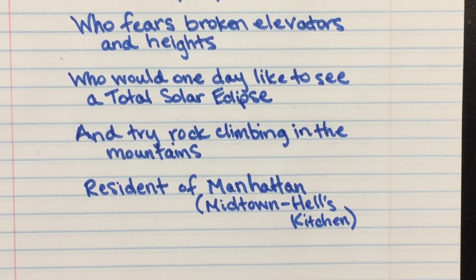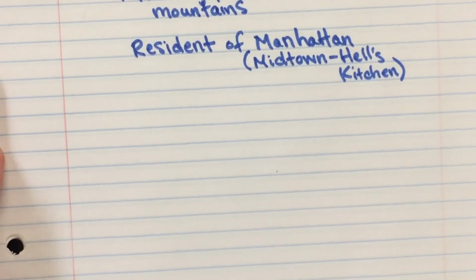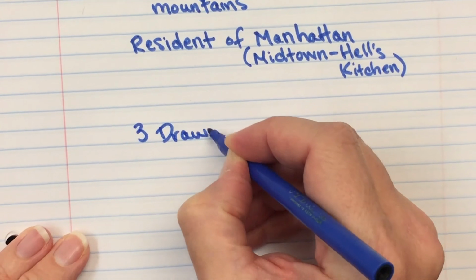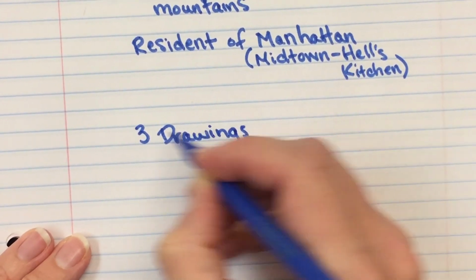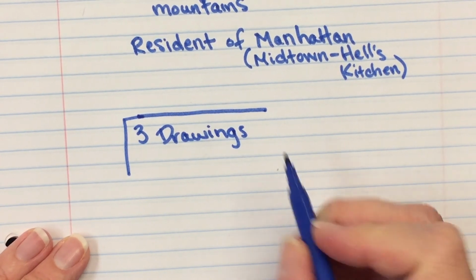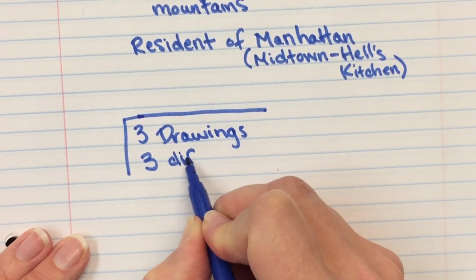Okay? And now, this is where things get fun, because now you get to draw and decorate this page. You need to include at least 3 drawings of something that's related to what you just wrote down. And you need to have at least 3 different colors.